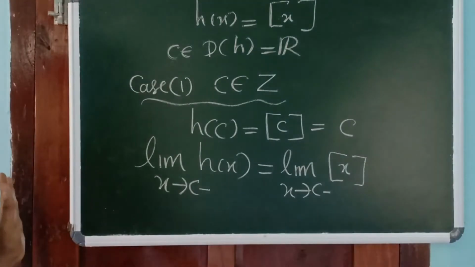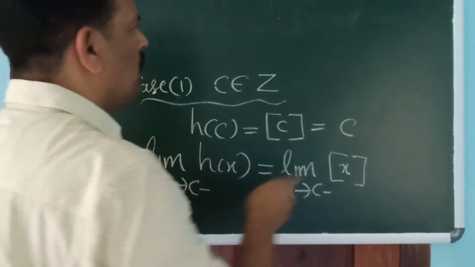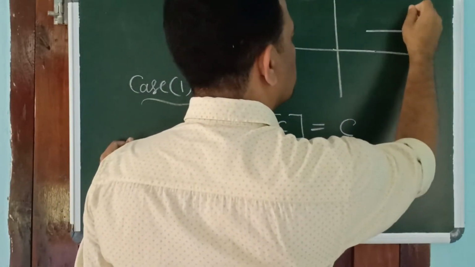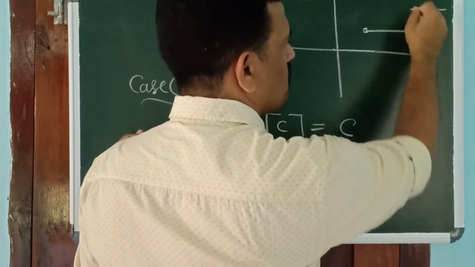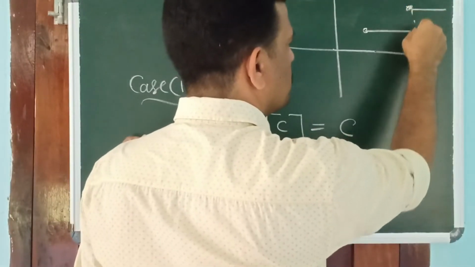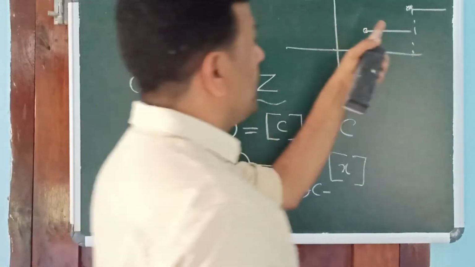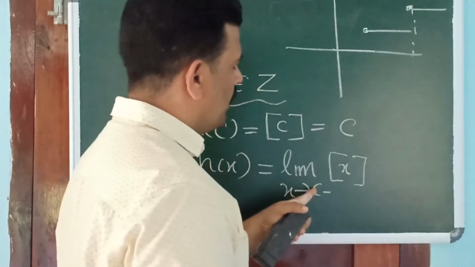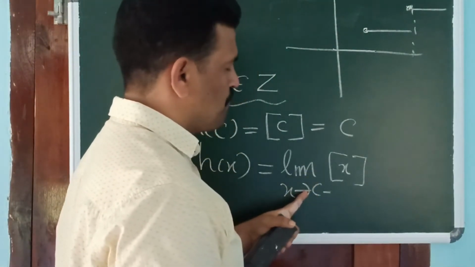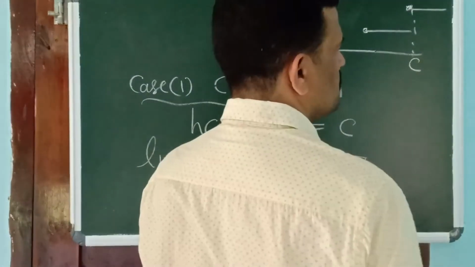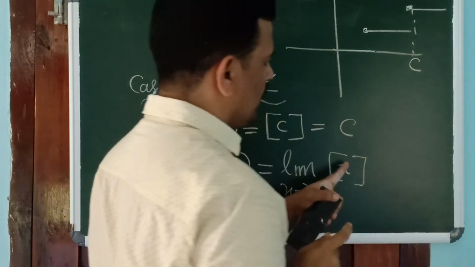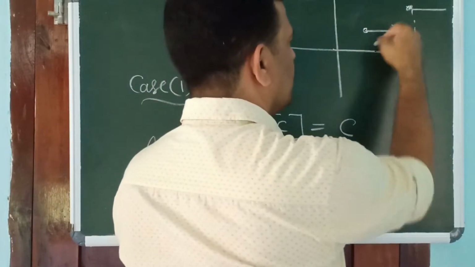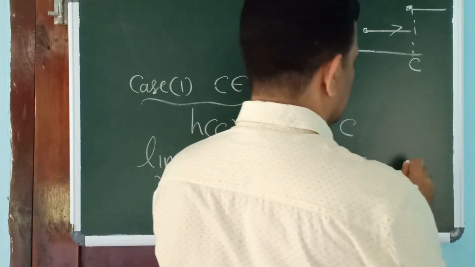Here we have to remember one thing. നമ്മളിപ്പോൾ ഗ്രേറ്റസ്റ്റ് ഇന്റിജർ ഫംഗ്ഷന്റെ ഗ്രാഫ് വരയ്ക്കുകയാണെങ്കിൽ ഇങ്ങനെ അല്ലേ, നമുക്ക് കാര്യം മനസ്സിലാക്കാം. ഒരു ഇൻറ്റിജറിന്റെ ലെഫ്റ്റ് സൈഡ് നമ്മൾ ഈ ഫംഗ്ഷന്റെ വാല്യൂ കണ്ടാൽ ആ ഇൻറ്റിജറിനെക്കാളും ഒന്ന് മൈനസ് ആയിരിക്കും. ഇപ്പം ഇതൊരു സി ആണെങ്കിൽ if you find the greatest integer function value of c minus means we have to take this function. That means we get c minus 1.